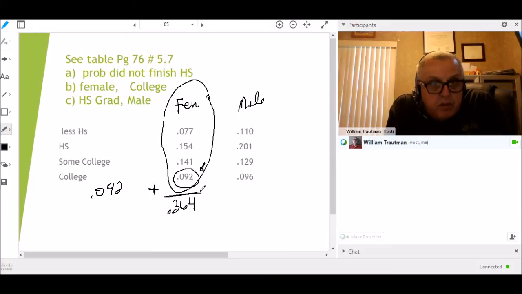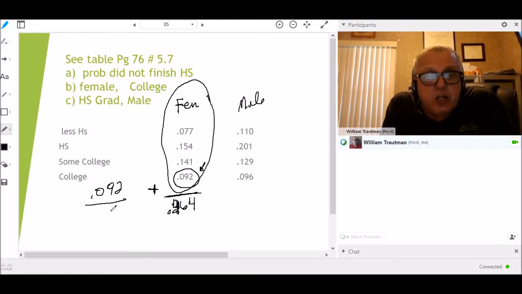Oh, wait, no, that doesn't look right. I think I added it wrong. 0.077 plus 0.154 plus 0.141 plus 0.092, and I get 0.464.